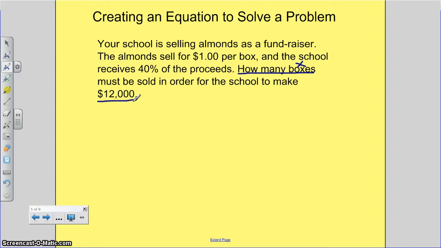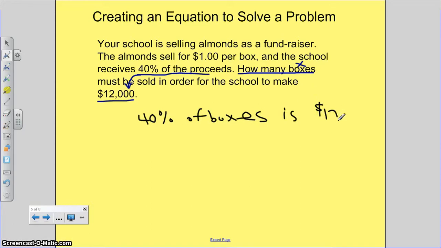Okay, so we know that 40% goes to the school. Well, that 40% is going to be $12,000. So we're going to set it up like this. 40% of the boxes sold is $12,000. 40% of however many boxes we sell is going to be 12,000.